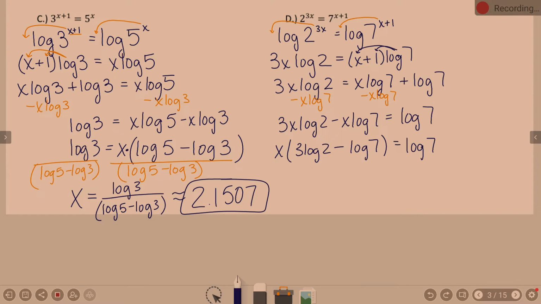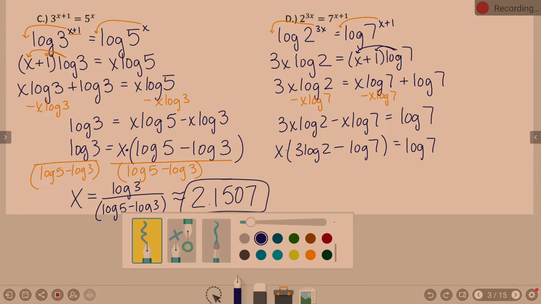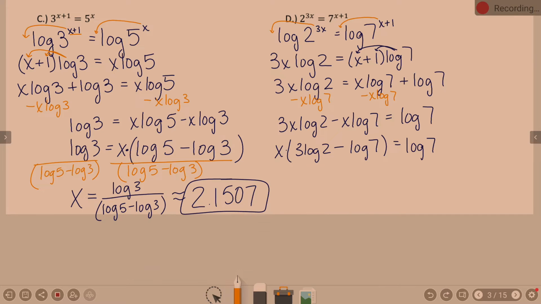Okay. Last step? Divide. Yeah. If it's x times all that stuff in the parentheses, we're going to undo the multiplication. We're going to divide. So I'm going to divide by 3 log 2 minus log of 7. If I divide the left, we're dividing the right.